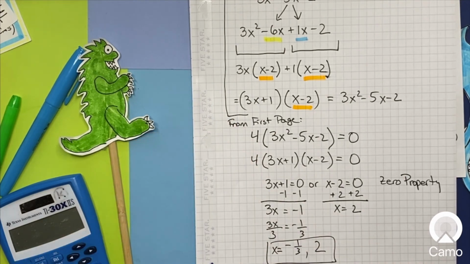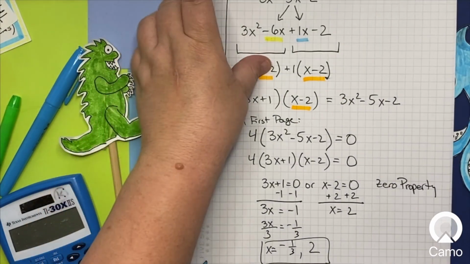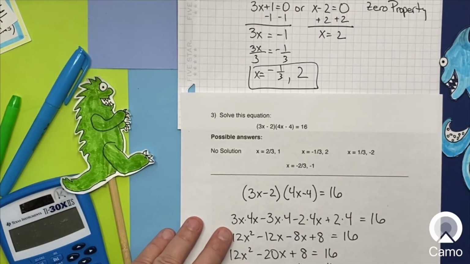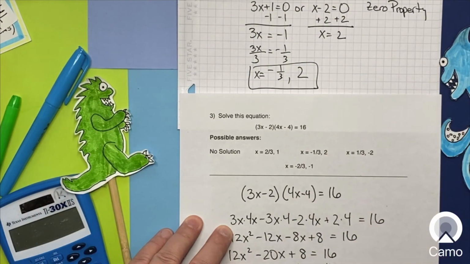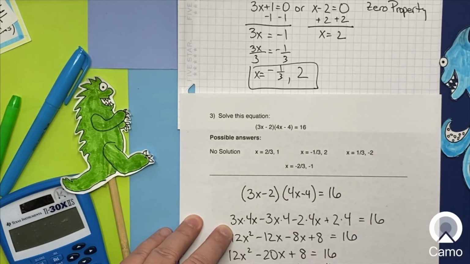Okay, so what did I forget to do for all these problems? I forgot to circle the correct answers. I was so excited about getting done that I didn't actually do the problem. So let's come up here. Let's see if, hopefully, fingers crossed, -1/3 and 2 are a solution set.